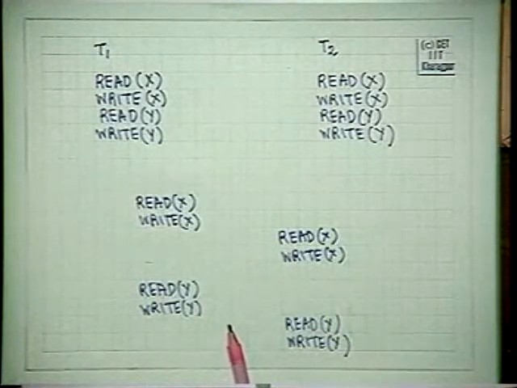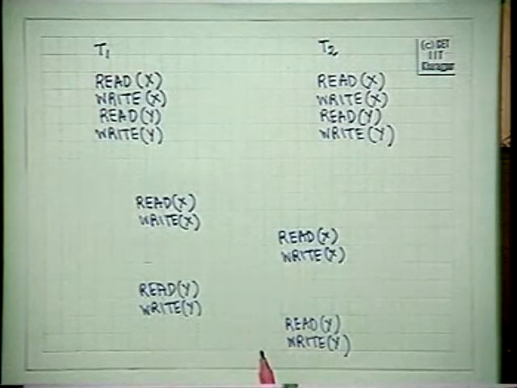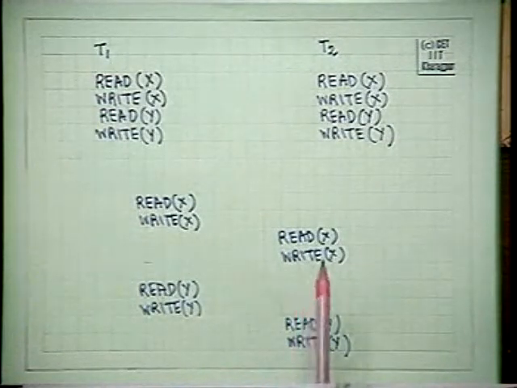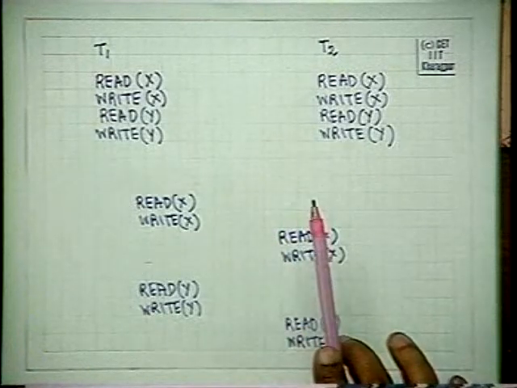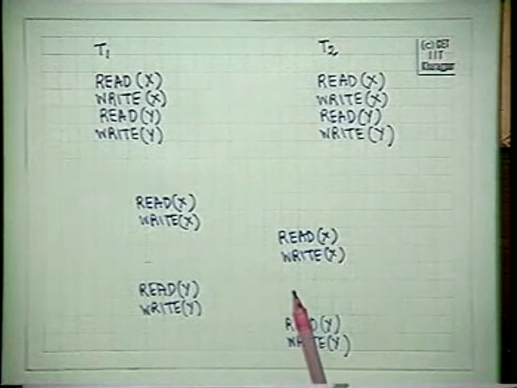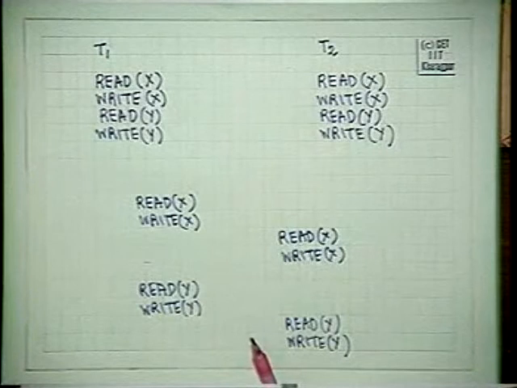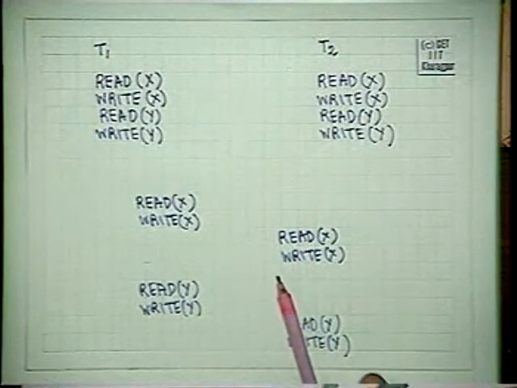And how will we test that? Our only test criteria will be, if it is equivalent to a serial schedule in some form, then it is said to be correct. We will allow it. If it is not equivalent to any serial schedule, then we will not allow it, fearing that there may be inconsistency.